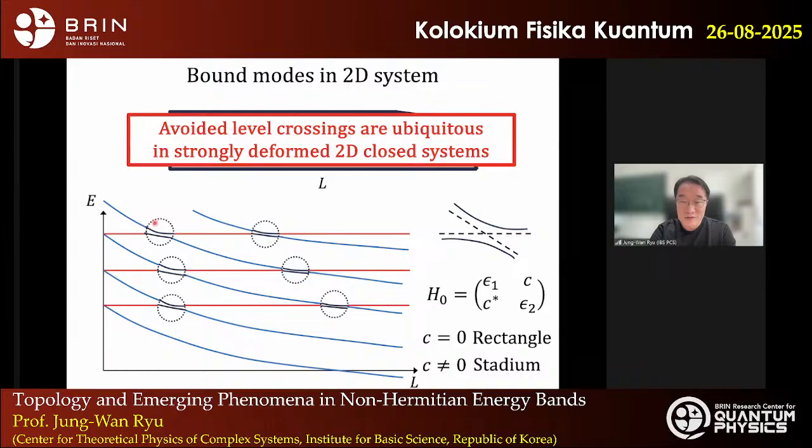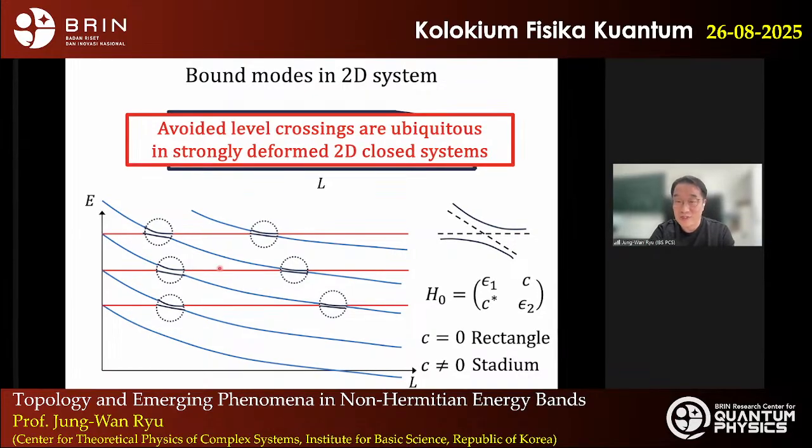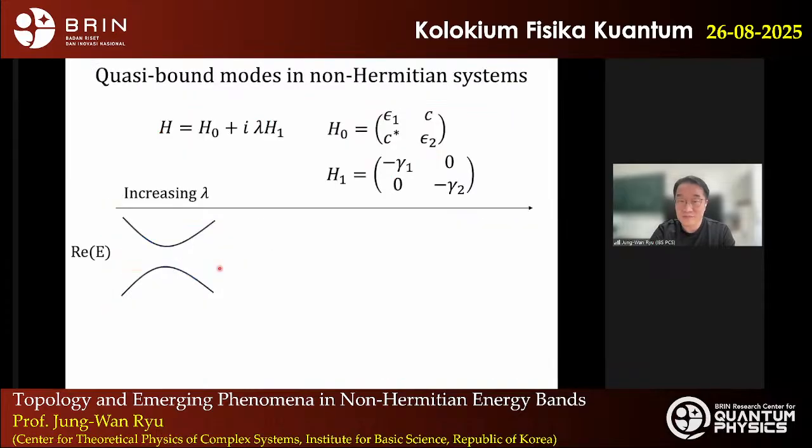Importantly, avoided level crossings are very ubiquitous in strongly deformed, desymmetrized closed systems. This H0 is our avoided level crossing Hamiltonian, and this is the non-Hermitian part. In that case, we add that the levels change into resonances. Epsilon 1 has the decay rate lambda gamma 1, and epsilon 2 has the decay rate lambda gamma 2, and there is coupling.